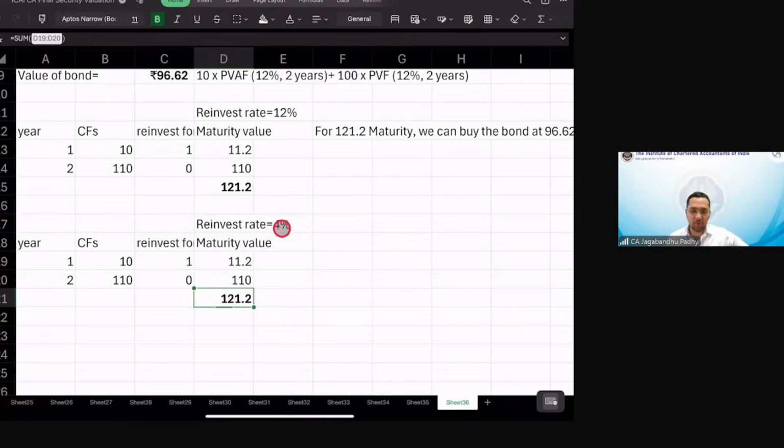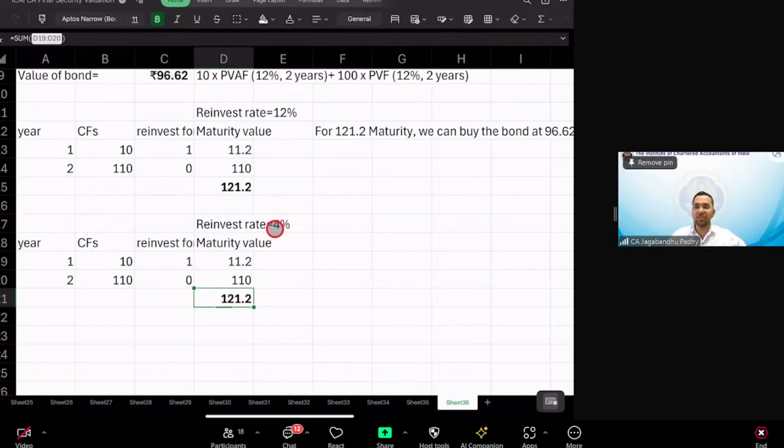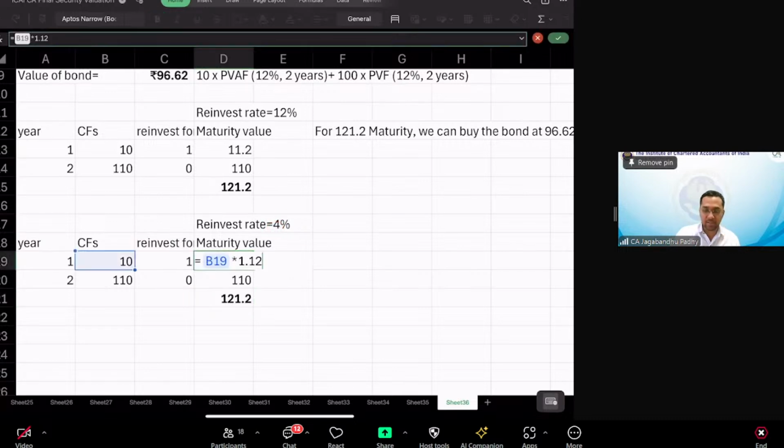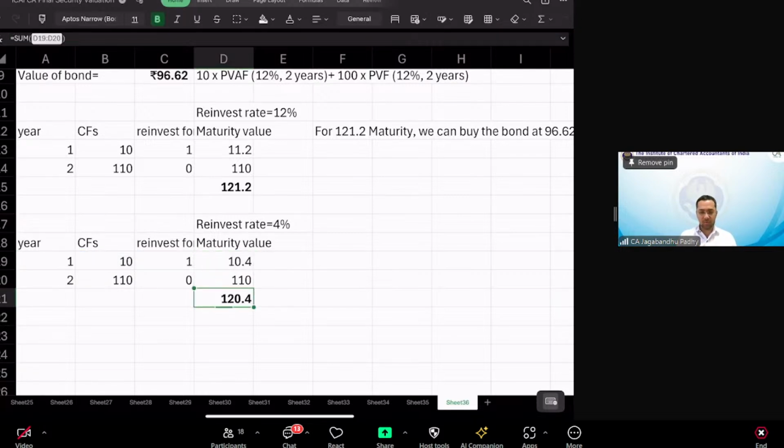Yes, because the 10 rupee that you receive is now going to increase by just 4%. So now you will find that the maturity value changes. There's a change in the maturity value. Right, guys?